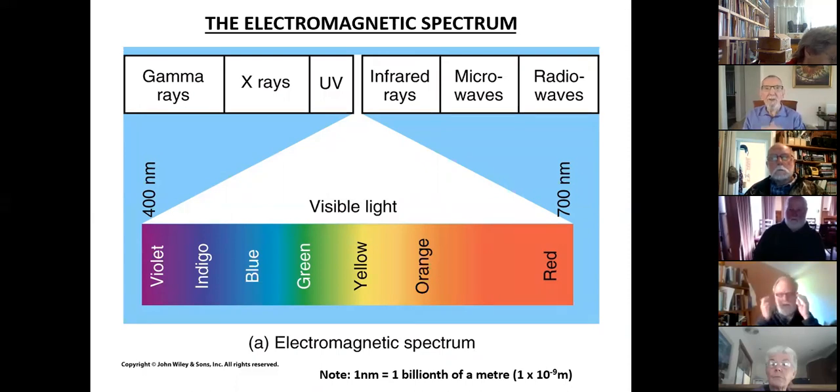And so we can see that above that we have ultraviolet and X-rays and gamma rays, and below that infrared, microwaves and radio waves. Now, radio waves have become very, very useful in more recent times, and we'll deal with that when we get to it. Microwaves, of course, are well known, microwave transmissions, microwave ovens, and so forth.